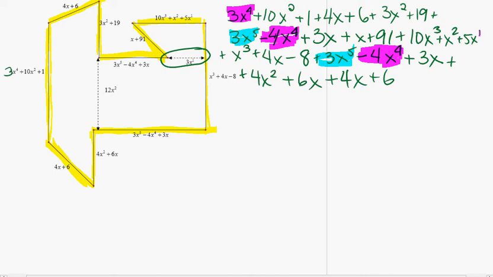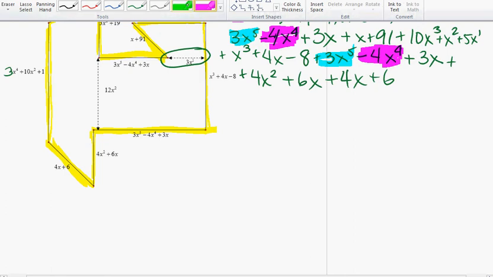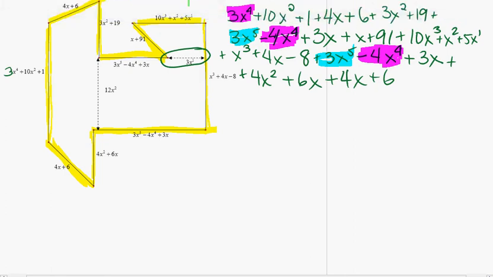I don't see any. Now, some of you might say, well, I'm not carrying around highlighters here, so what do I do to categorize? Some people use different ways of circling. Some people put a box around one, and then a circle, and then a triangle, and that helps them keep track. So that's another strategy. Now I'm doing my x to the 3rds. Scanning my lines, any other x to the 3rds?